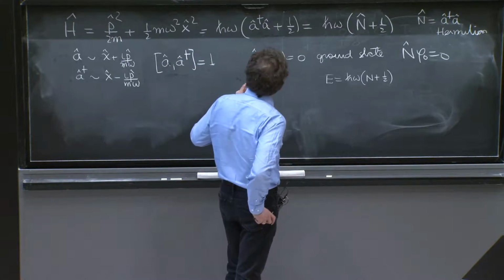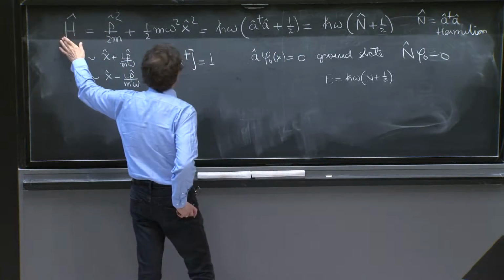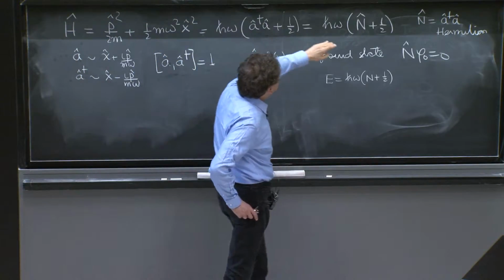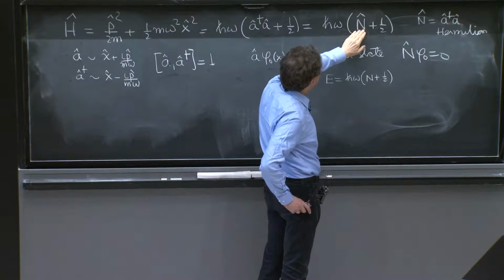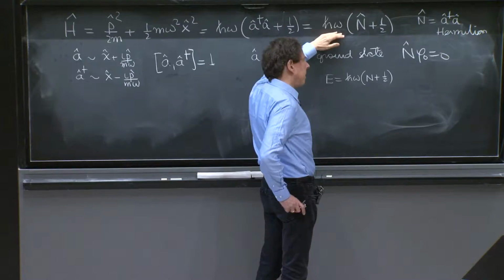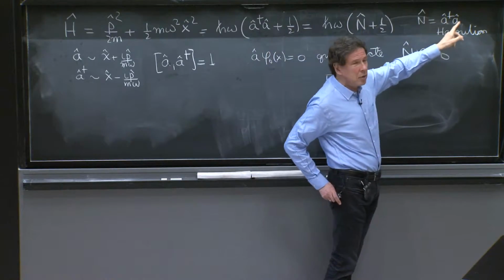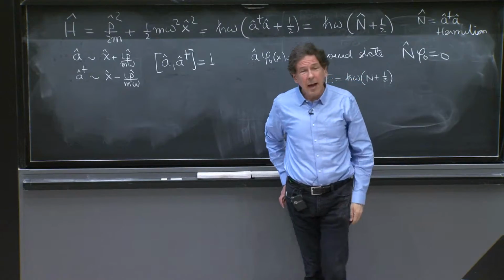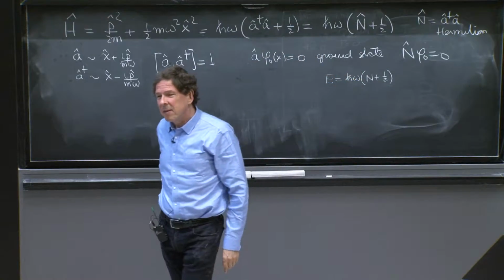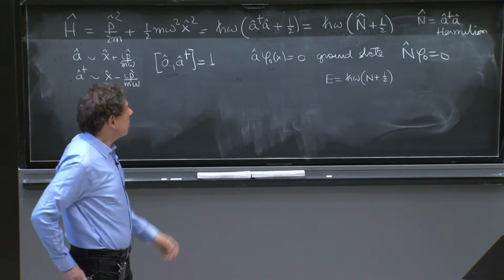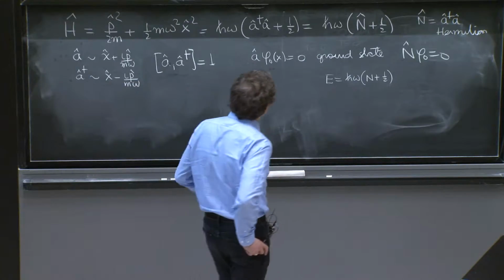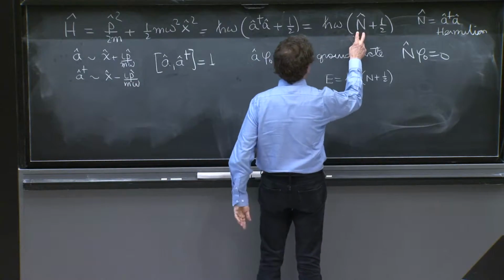Now, the other thing to notice is that the Hamiltonian is really pretty much the same thing as the number operator multiplied by something with units of energy. The number operator has no units because A and A dagger have no units. And that's very useful. So it's like a dimensionless version of the energy.